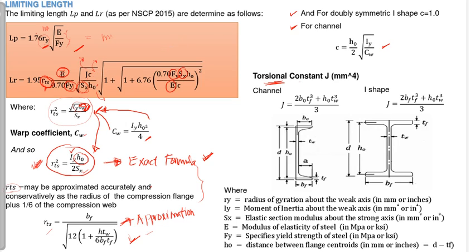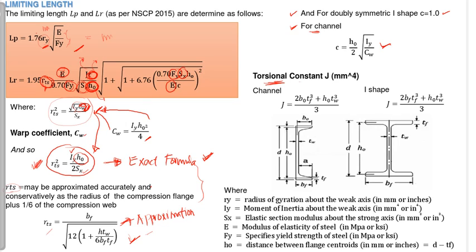So that is the value of our C. Either for doubly symmetric, C is equal to 1, or use this equation to solve for C for singly symmetric sections like the channel.